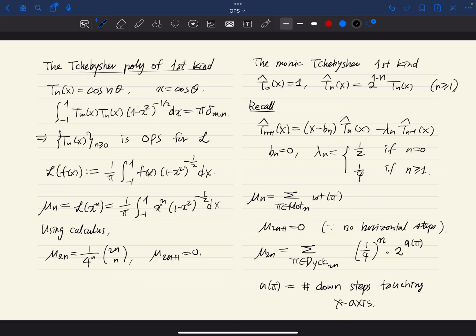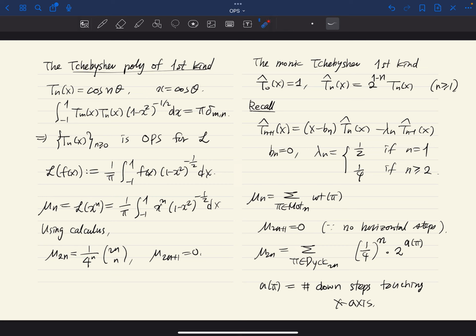Why is that? Lambda 1 is 1 over 2. Oh, yeah. Sorry about that. Lambda index starts from 1, so it must be lambda 1 and lambda 2.